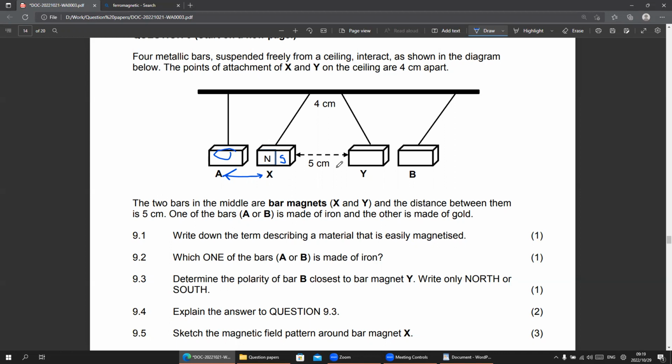And you know that iron is easily attracted, so it has strong magnetic properties. That's why you can see B is actually being attracted to the magnet Y. The interaction between B and Y, you can see there's an interaction. It's being attracted. So that means B is most likely made out of iron than A is. So I'm pretty sure we understand that part.